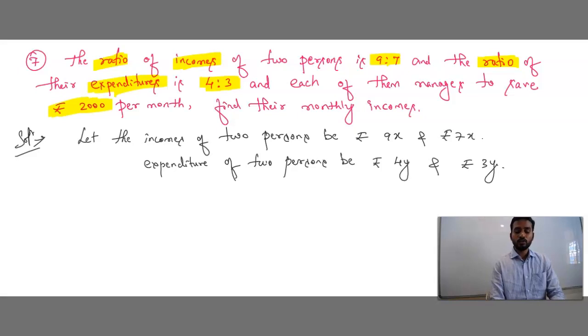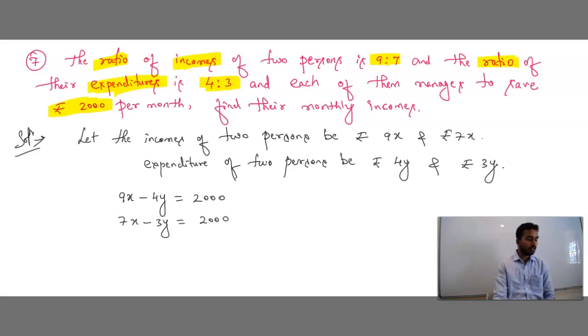Now, according to the given problem, from 9x, his monthly income, he is removing 4y to save 2000 rupees per month. Again, this 7x fellow, from his income, he is removing the expenditure 3y to save 2000 rupees.